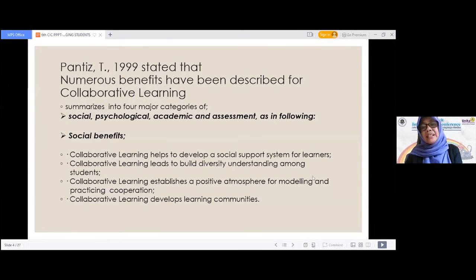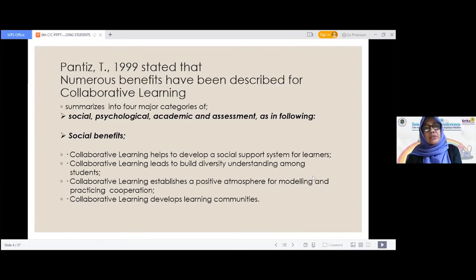That's why it needs understanding to tolerate, respect, and help each other. Collaborative learning establishes a positive atmosphere for modeling and practicing collaboration. The atmosphere created is enjoyable. Teachers put themselves to be a facilitator and consultant.